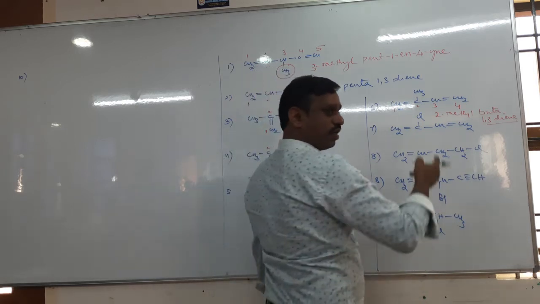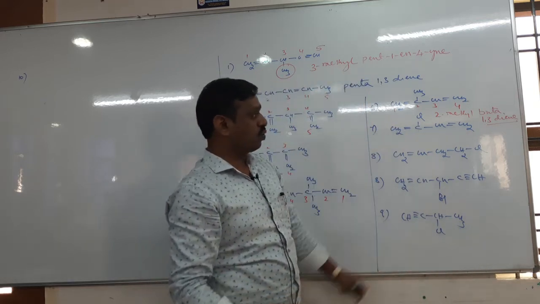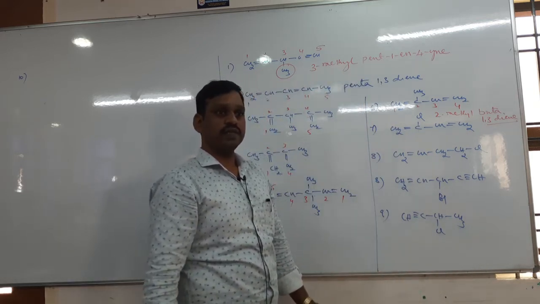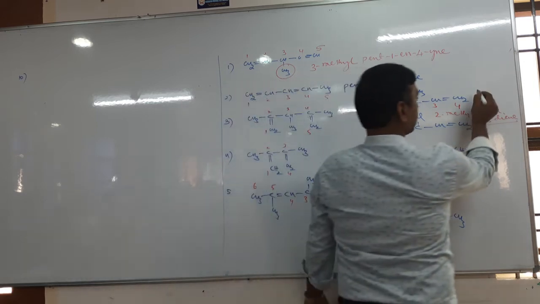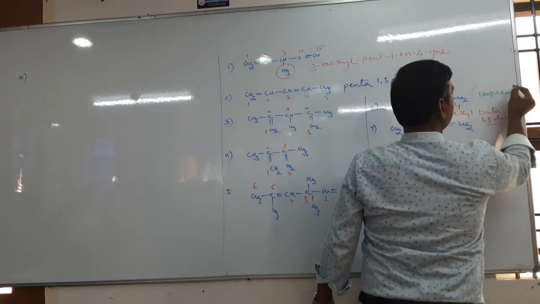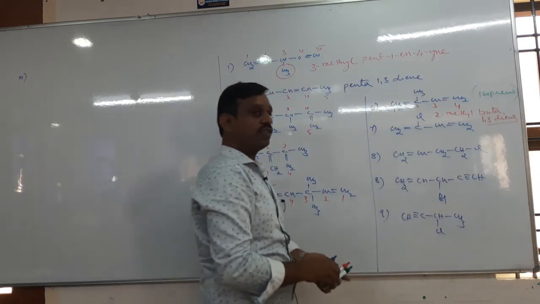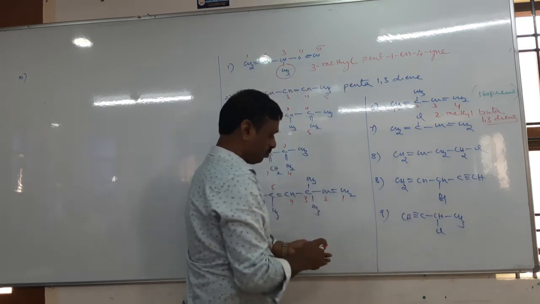Isoprene. It is a monomer of natural rubber, no? 2-methylbuta-1,3-diene is isoprene. Cis-polyisoprene is called natural rubber, right?